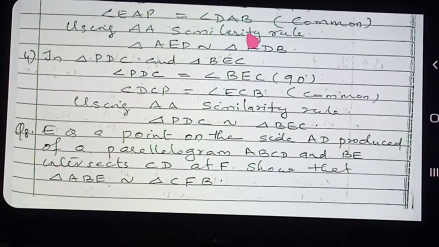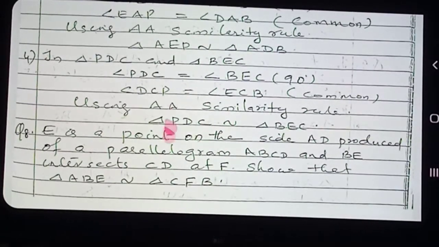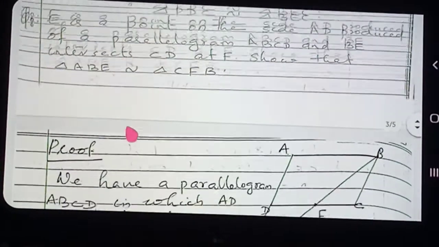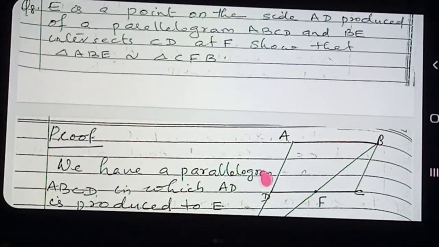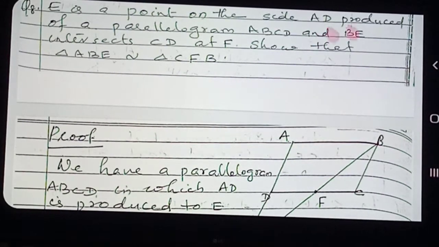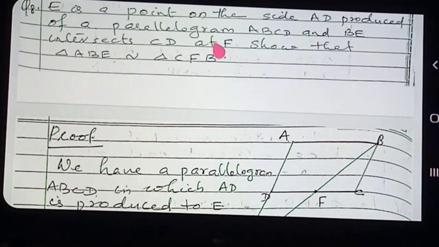Question, listen. E is a point on the side AD produced of a parallelogram ABCD and BE intersects CD at the point F.